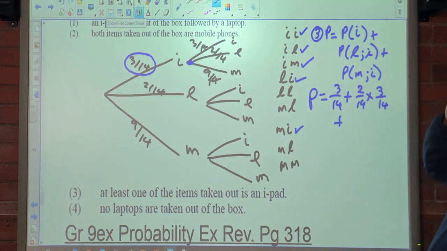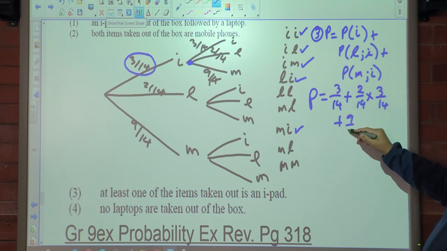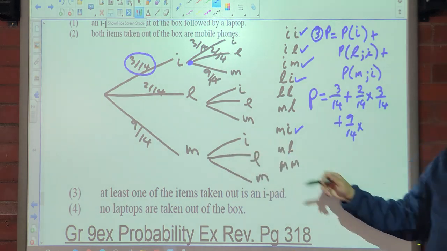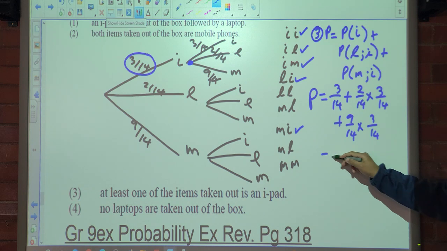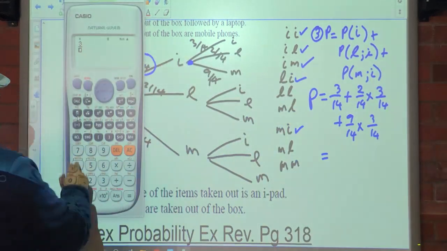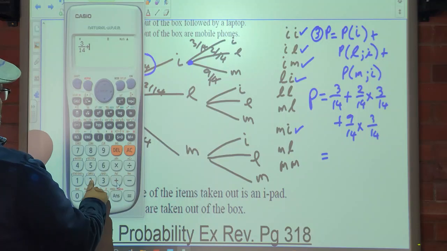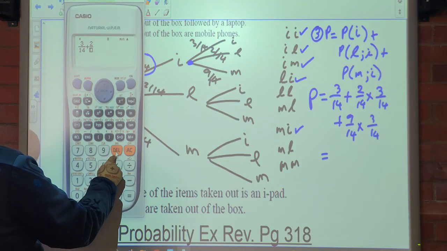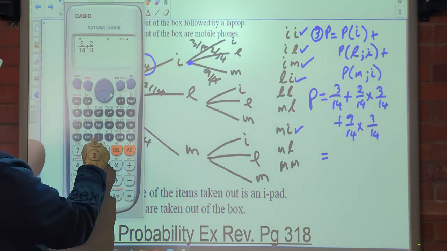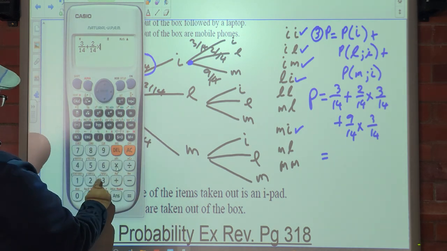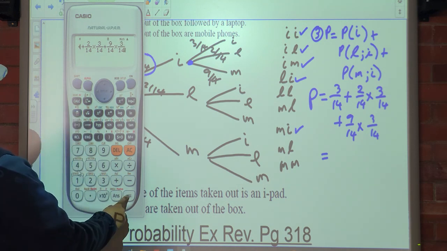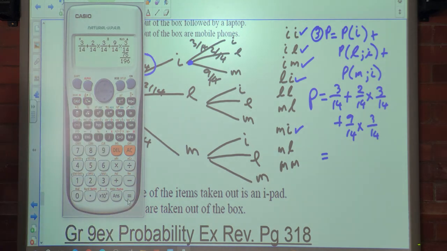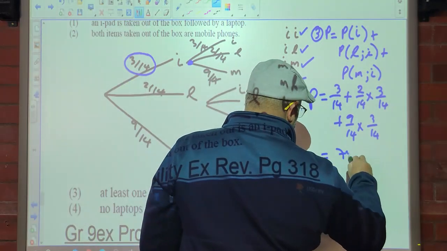Plus mobile phone iPad, 9 over 14 times 3 over 14. So that is 3 over 14 plus 2 over 14 times 3 over 14 plus 9 over 14 times 3 over 14. That gives 75 over 196. Alright, 75 over 196.